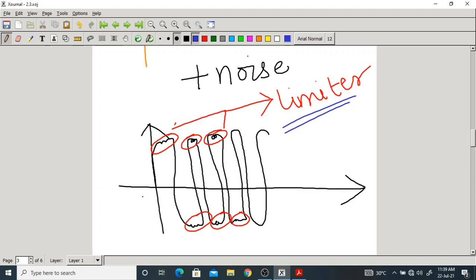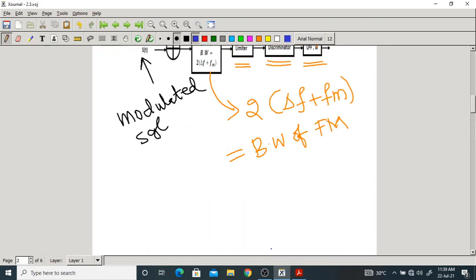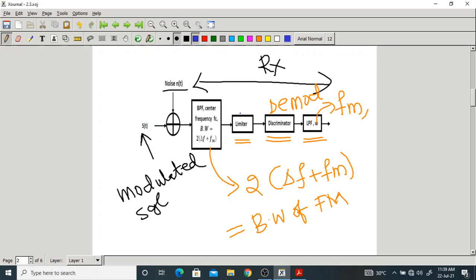If there are any amplitude variations in the FM signal, those can be removed by using a limiter. That is the purpose of this limiter. It removes amplitude variations of the FM signal, which are not important. So the discriminator is nothing but the demodulator, and at the end of this receiver we have a low pass filter with a cutoff frequency W or bandwidth W.